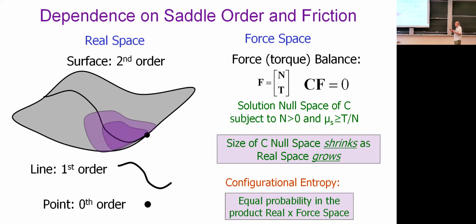Now, there's another space to think about in these problems, and that is if we write down all the forces, the normal forces and the tangential forces, as a column vector, then there's a matrix C that we multiply times that total vector that has to be 0 for it to be in force balance.